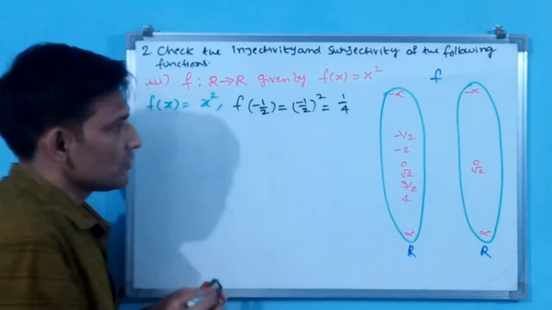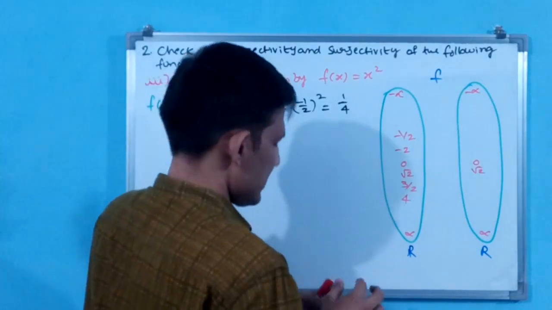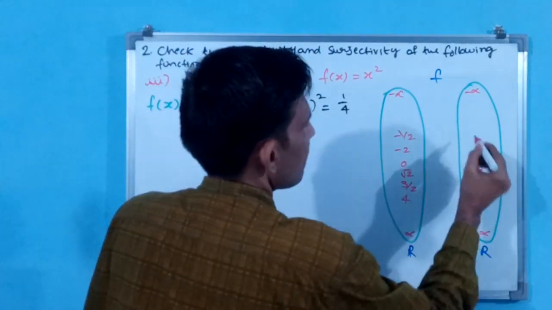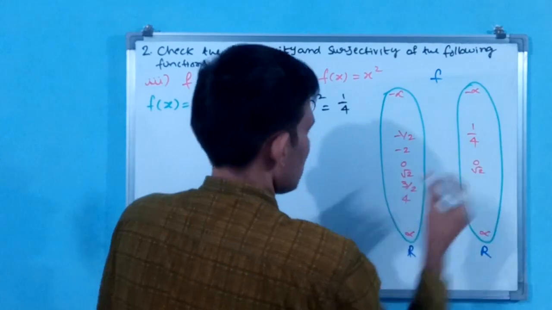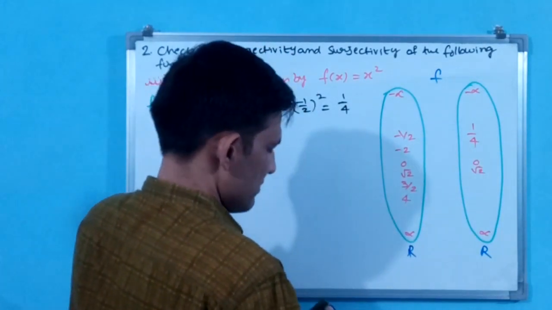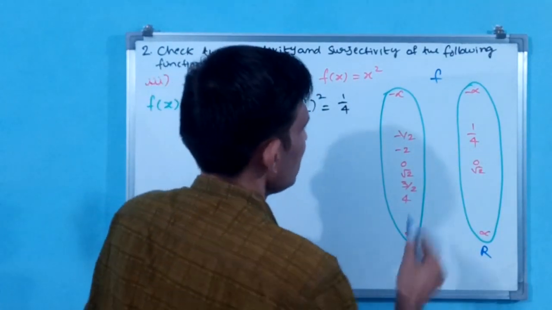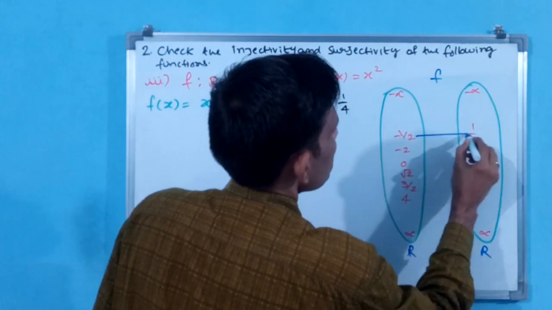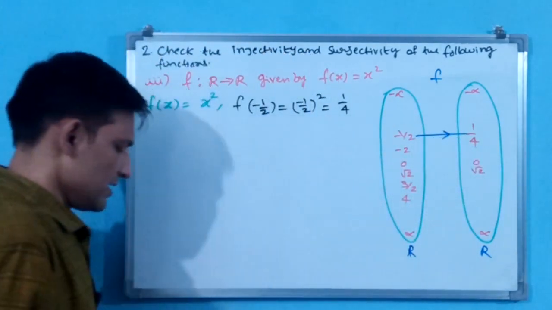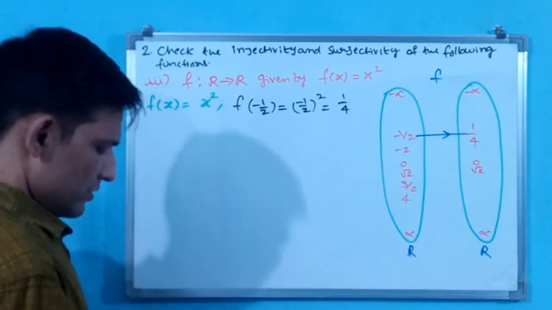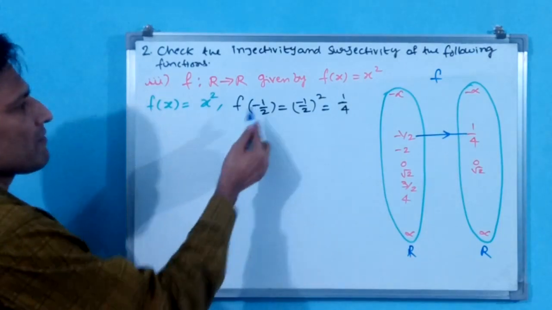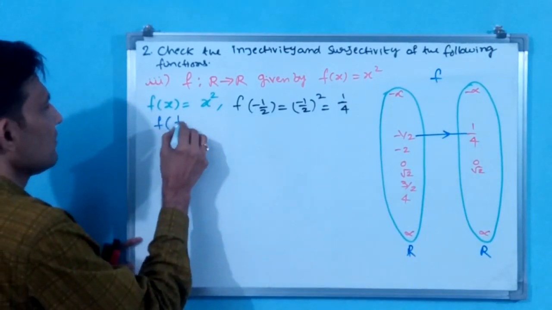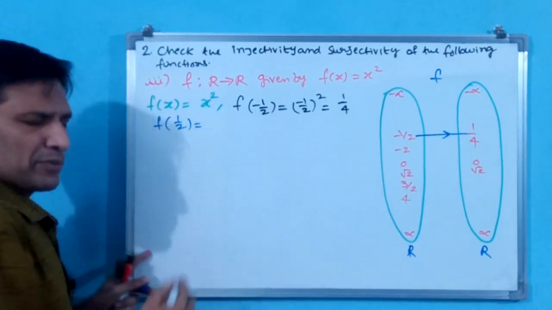Now what I am going to do here, I write 1 by 4. I am going to make a relation between these two. Minus 1 by 2 to 1 by 4 relation is there. Next I am going to make f of 1 by 2. Purposefully I am making it. Why?